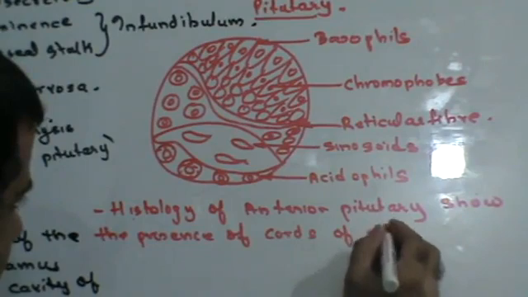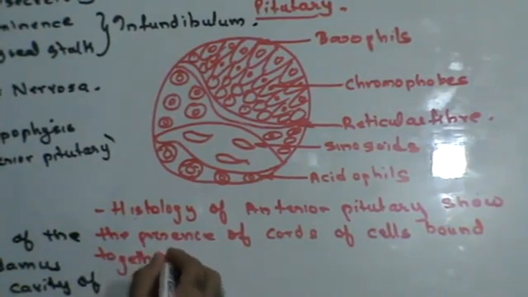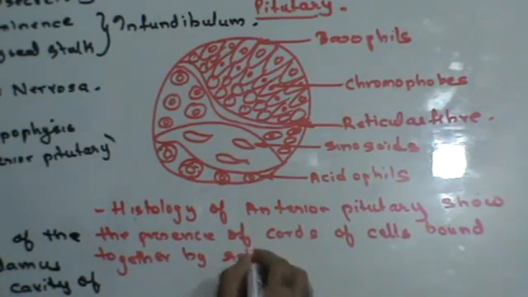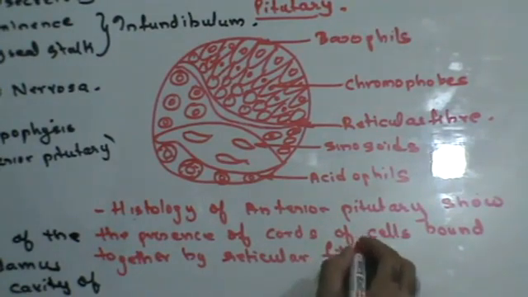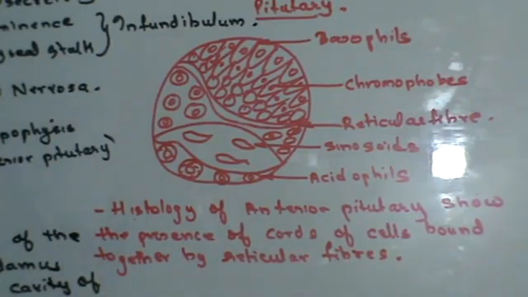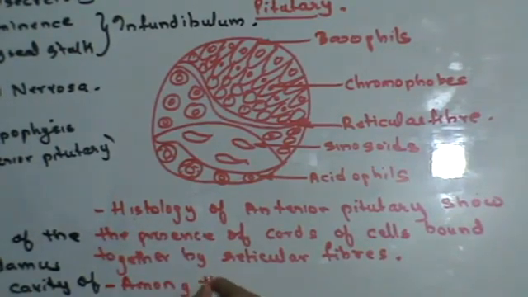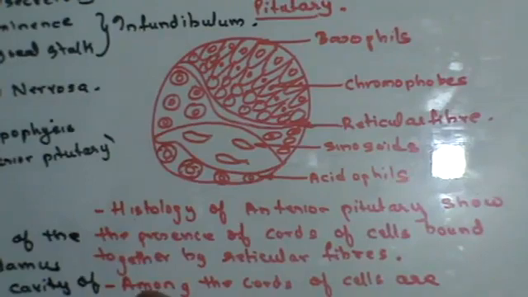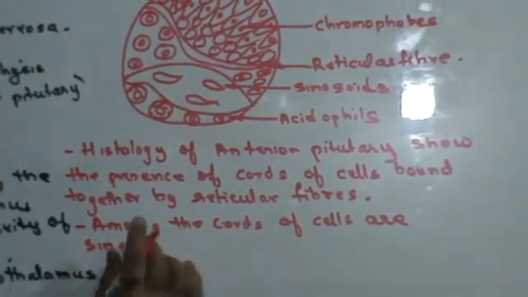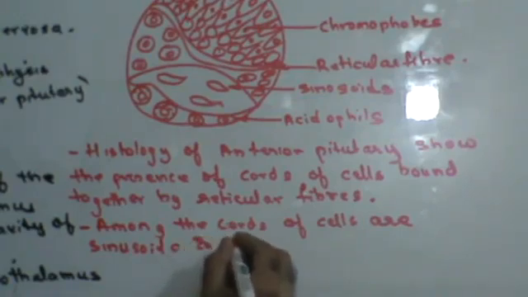Right? Now, among the cords of cells are sinusoids and lymph spaces.